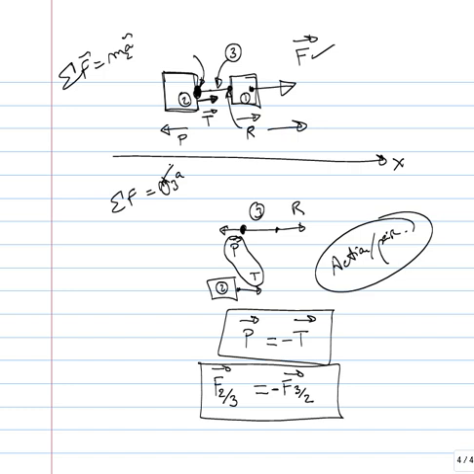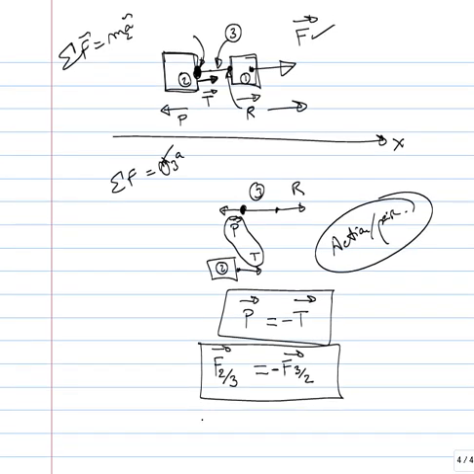So we can do the same thing on object 1. If you apply Newton's second law on object 1, object 1 will feel a force pulling in this direction, and then it will feel another force pulling in the other direction. Let's call it Z. Now if we apply Newton's third law at the junction between object 3 and object 1, then we know that this Z is the force due to object 3 on 1.